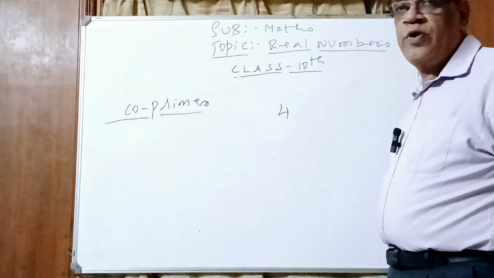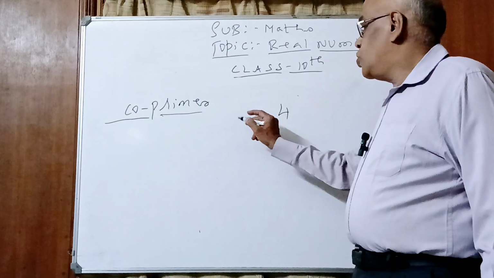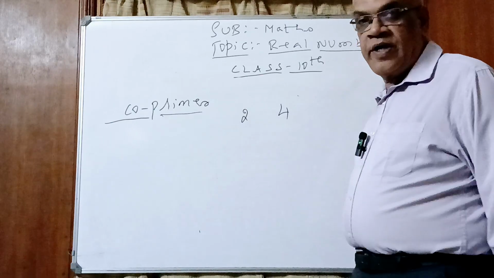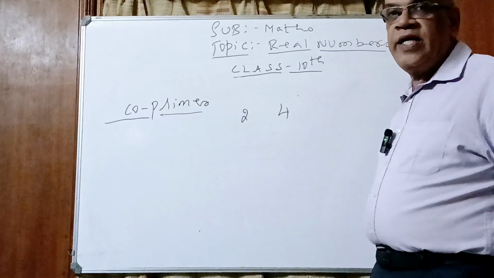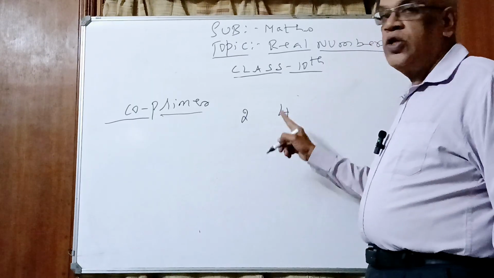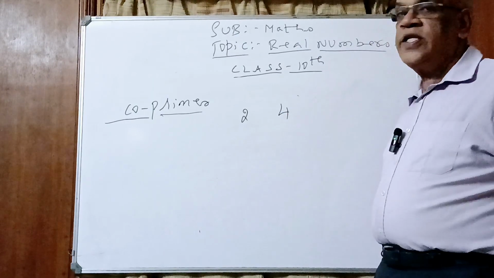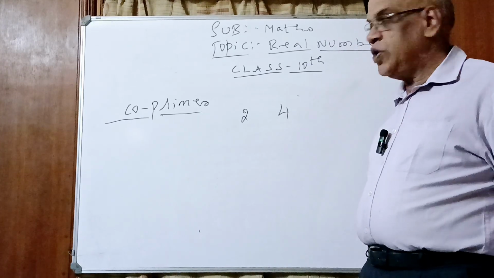No, it's a composite number. Yes or no? Then 2 is a composite number. Yes or no? Yes. Now, do they have any common factor? Yes. What are the factors of 4? 1, 2, 4. What are the factors of 2? 1 and 2. What is common to them? 2. Yes or no?